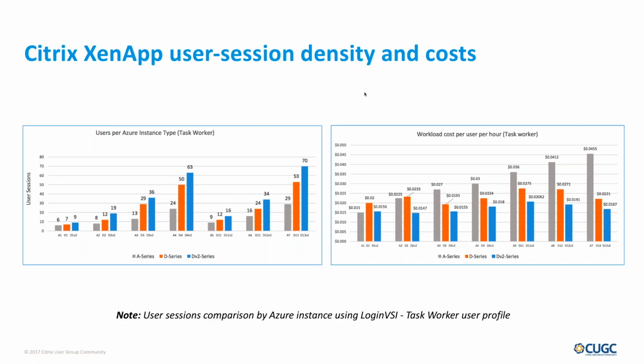Here you can see that the D12 version 2 gives the most users and is the most cost-effective configuration that can be used in Microsoft Azure. So keep in mind that the D12 version 2 is the most reliable, highest density sizing, and the lowest cost for configuring Citrix XenApp in Microsoft Azure.